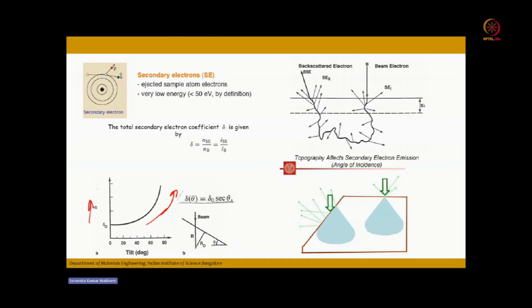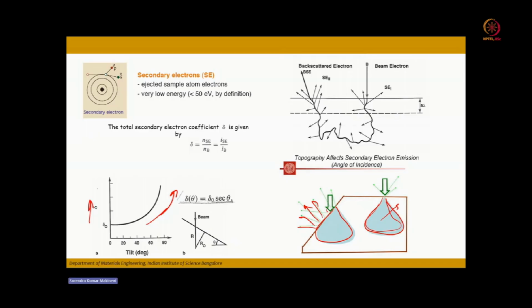So that also depends upon your theta. Now, if there is an interaction volume at the center of the specimen and an interaction volume near the edge, the yield of these electrons near the edge will be much higher, but at the center the yield will be much lesser.